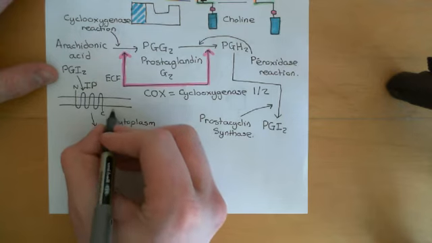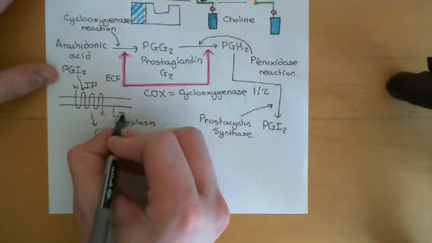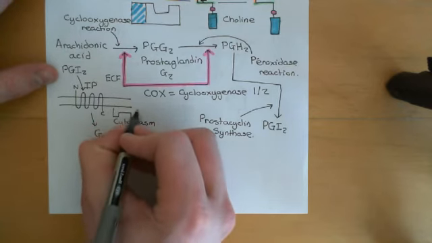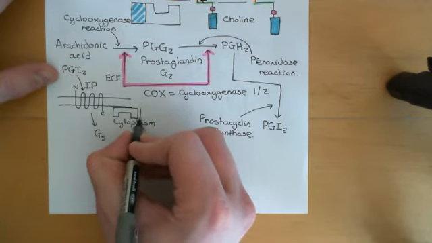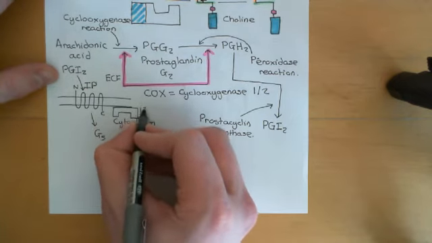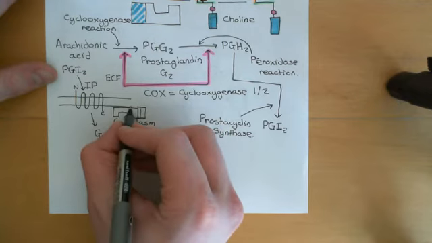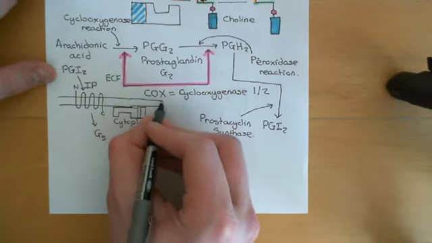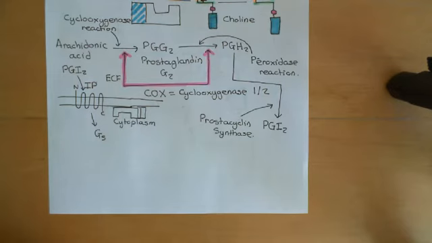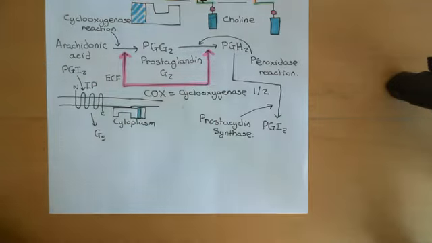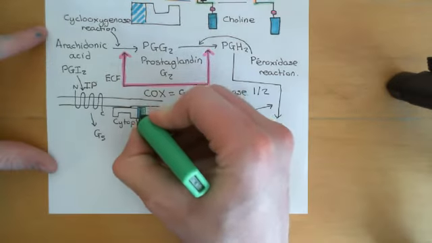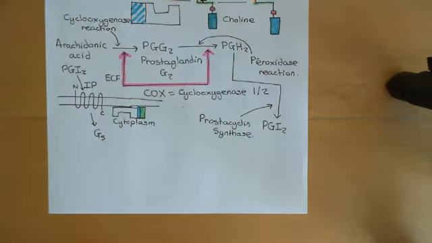So if I try and draw this in this little space here, what this again means, remember what we discussed last time we were discussing heterotrimeric G proteins, they are named after which alpha subunit you have, not which beta or gamma subunit you have. Okay, so I've made a right mess of this picture, so let me just colour it in to hide the fact. So there's the beta subunit. Okay, here is the gamma subunit here.